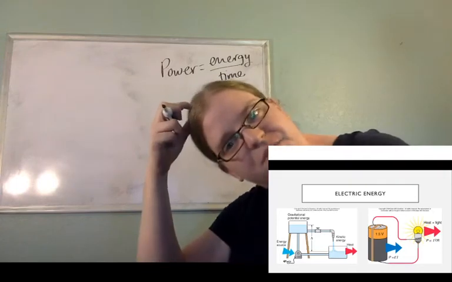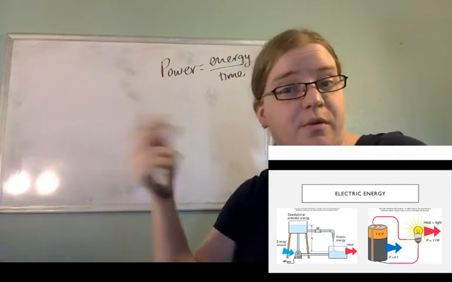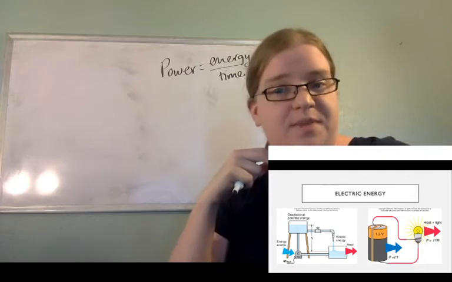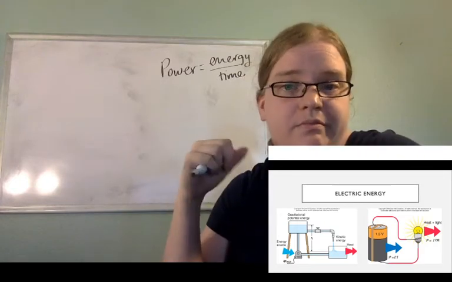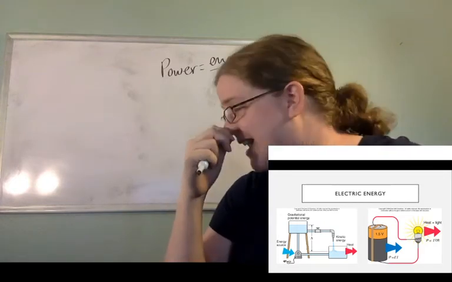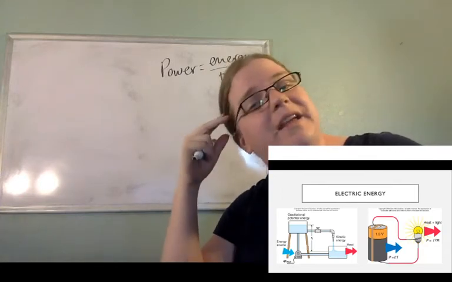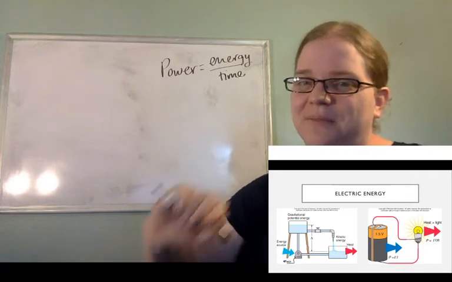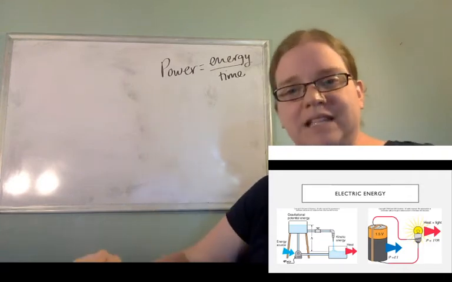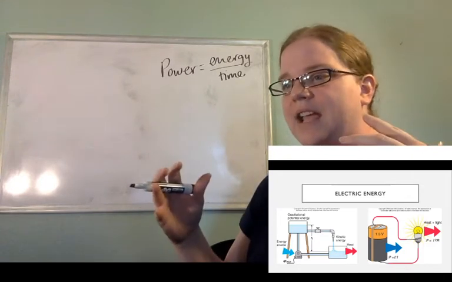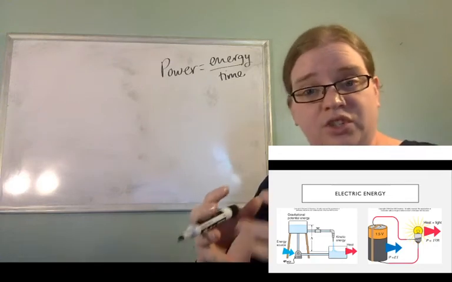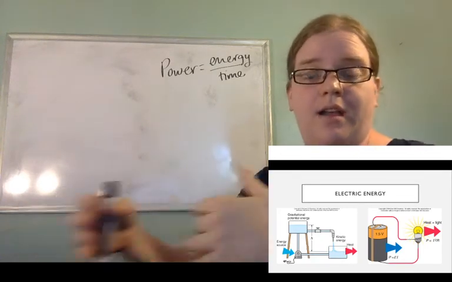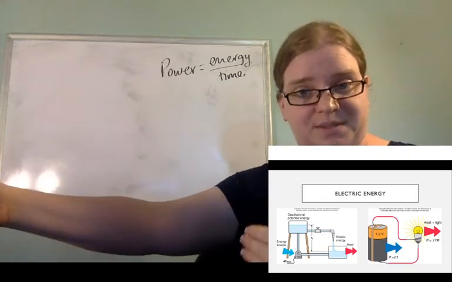So one of the places you may have heard of power is like horsepower for cars. If you have a car with a 100 horsepower engine, that's pretty small, actually. My Fiat had 100 horsepower that I used to have. Well, it's not very much. What that means is that it takes a long time for that engine to convert its energy into the kinetic energy of the car, and it can take a longer time to speed up.